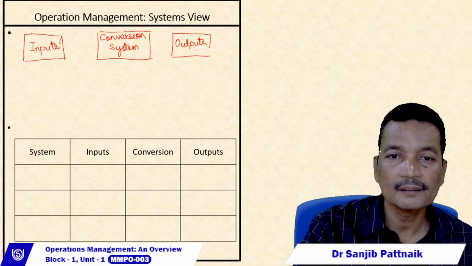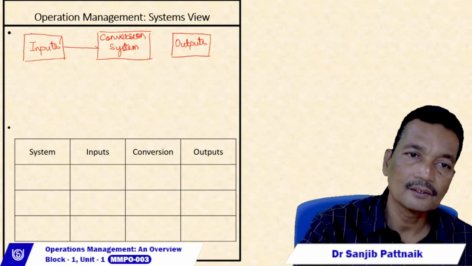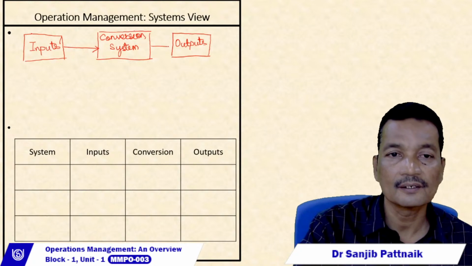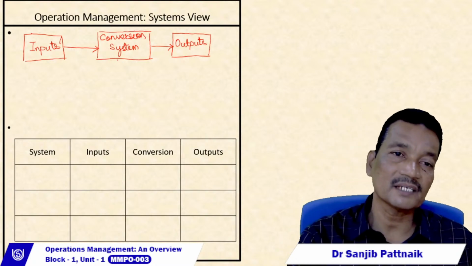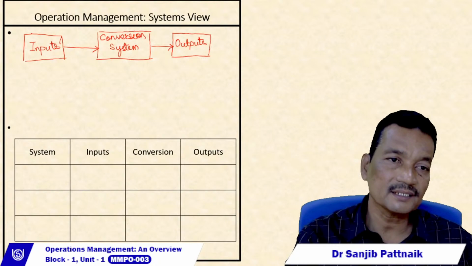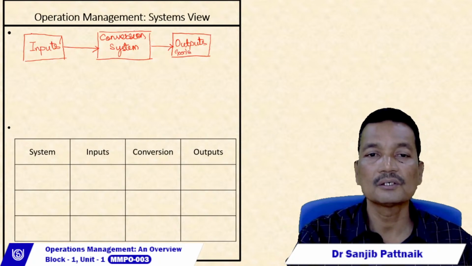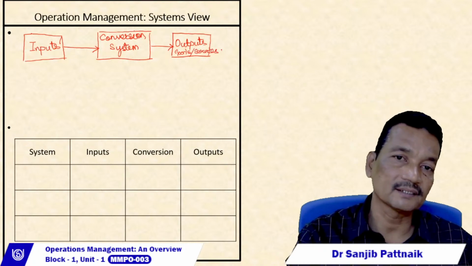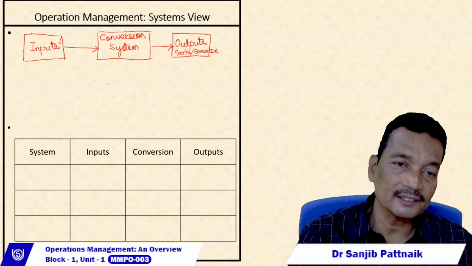This is the basic structure of anything that comes under our operation. A given set of inputs are sent to the conversion system, that means the process which changes the inputs into the desired outputs in the form of goods or services. Now, here the question comes, do we require any checks or controlling aspect on this?